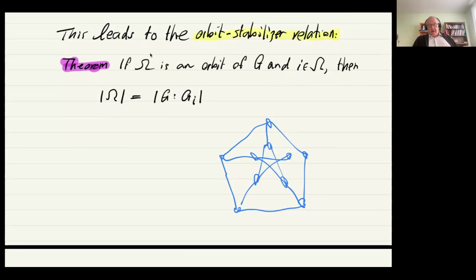What I'm concerned about will be, I think I'll rather use a different color. Indulge me. So I just picked out a path of length 3.